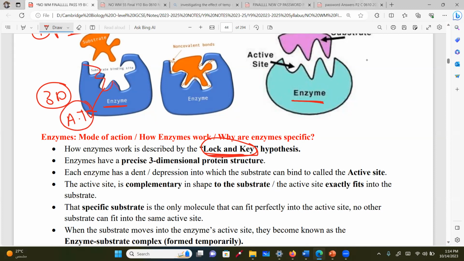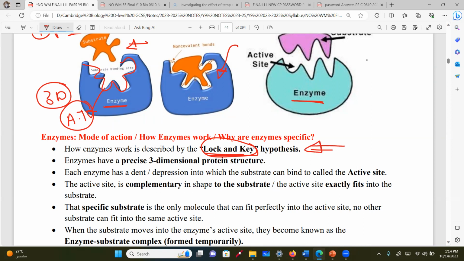This active site also has a specific shape that is complementary to the shape of the substrate. So only one particular substrate with that specific shape will be able to fit with the enzyme, and no other substrate will be able to fit into the active site of the enzyme. This is the lock and key hypothesis.